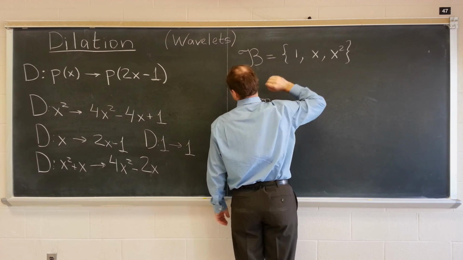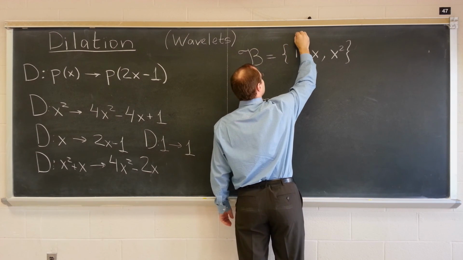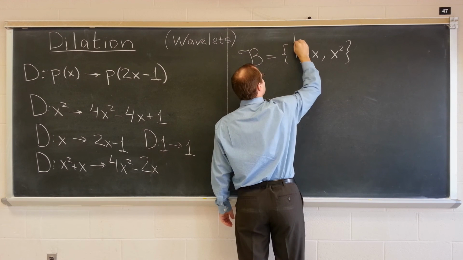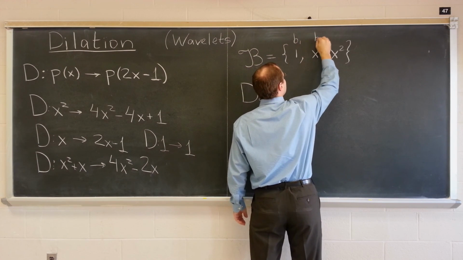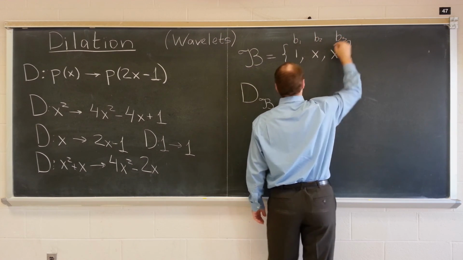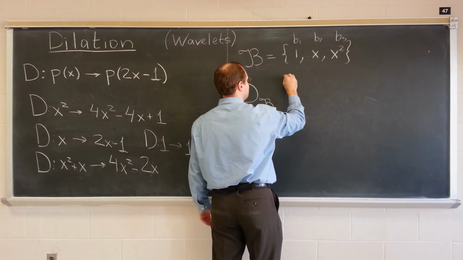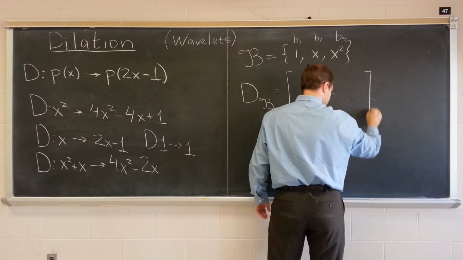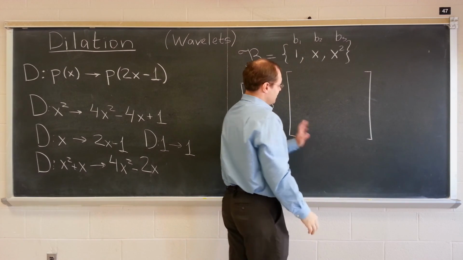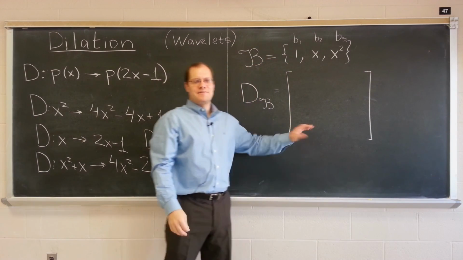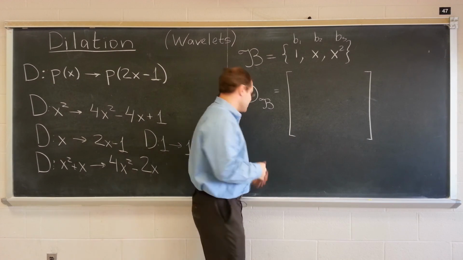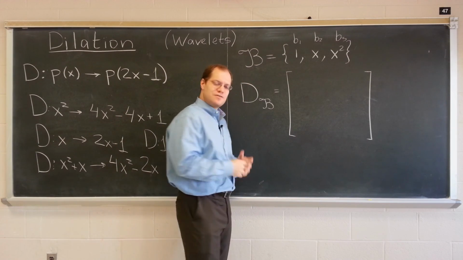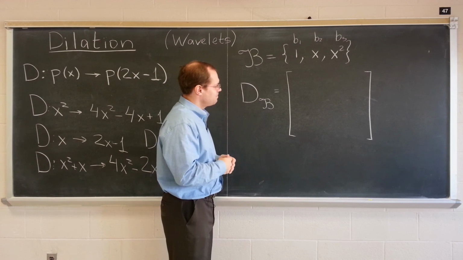Let's call these functions, what would be a good name? That's the letter we haven't used yet. b1 of x, b2 of x, b3 of x. So D sub b equals... Okay, I need to leave enough space for actually determining the eigenvalues and eigenvectors of this matrix, so we can find out the eigenvalues and eigenfunctions of the transformation from which it came.